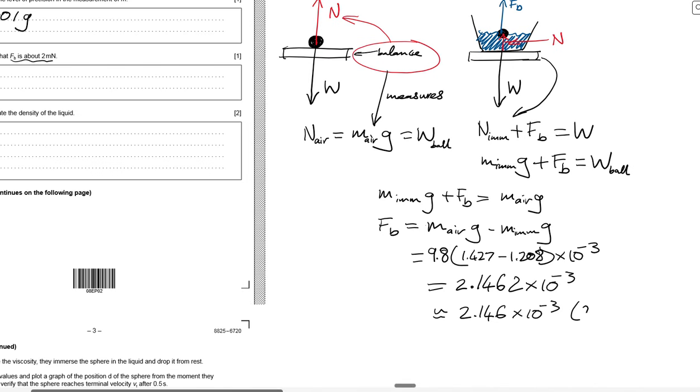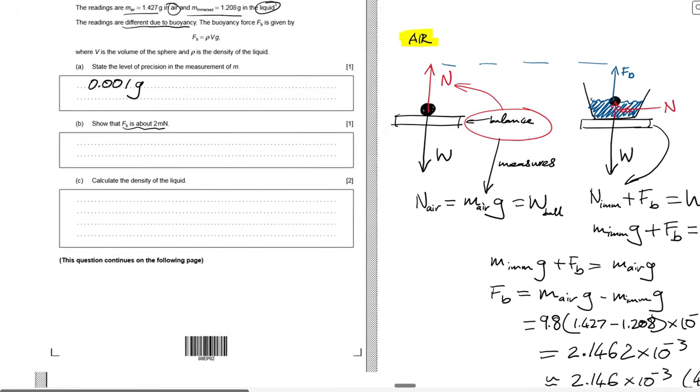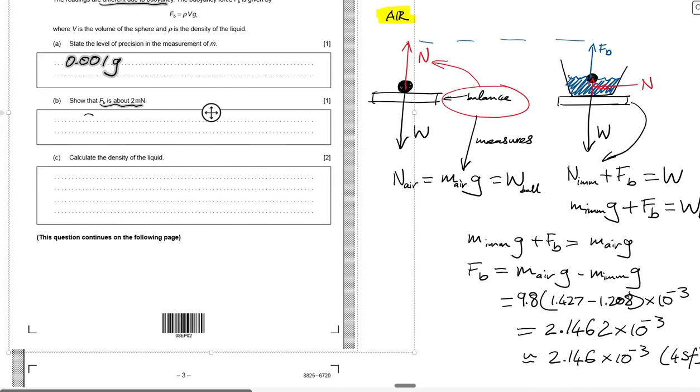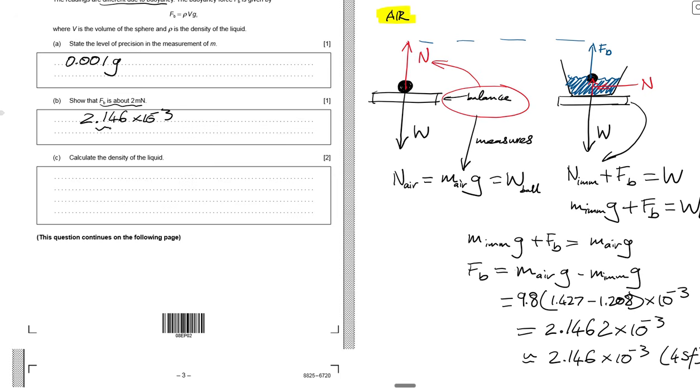Although I don't think it is too important in this question, since it's only 1 mark. And so we get 2.146 times 10 to the negative 3, which is equal to 2.146 mN, millinewtons, which is roughly equal to what they have given us.